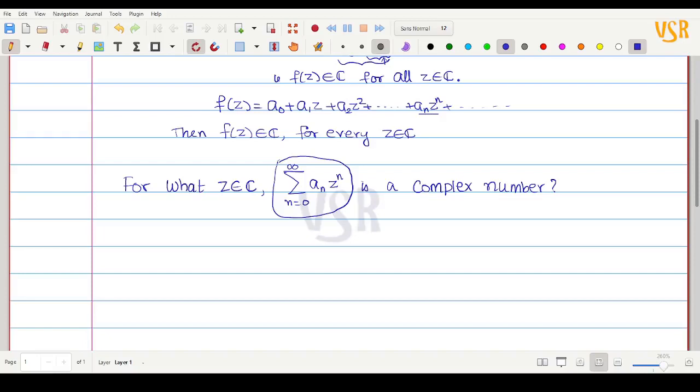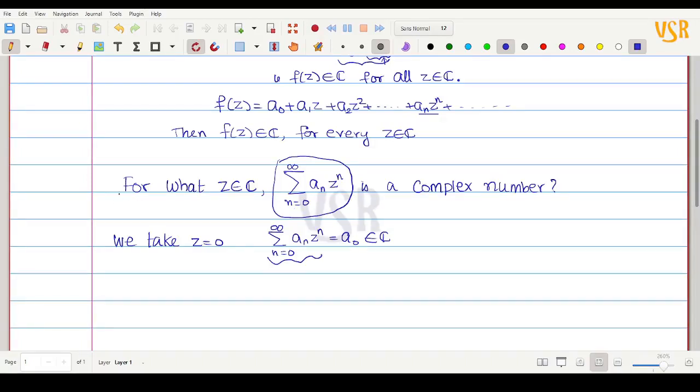Obviously we can take z equal to 0. Then summation n equal to 0 to infinity an z to the power n is equal to a0, which belongs to C. It is a complex number, which means this will converge. When does this series converge?